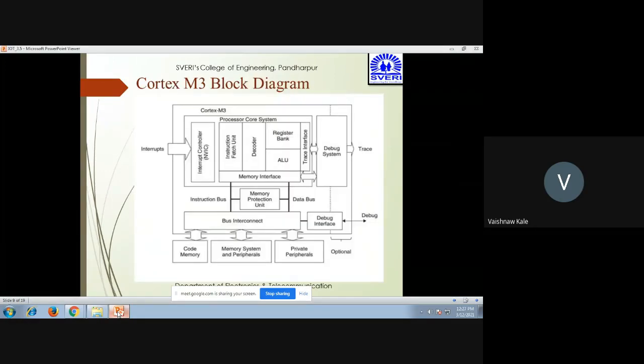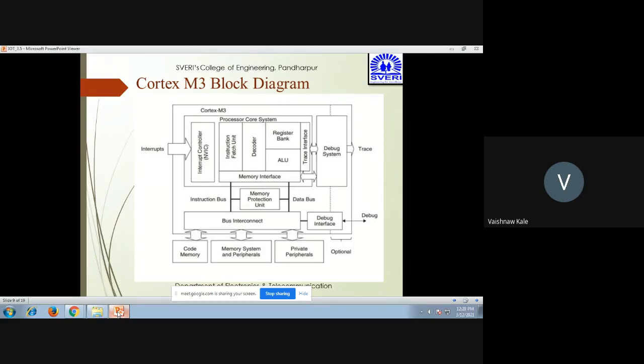Now this is the block diagram. You can see there is an interrupt controller called NVIC. Then you have the processor core system, under which you have the instruction fetch unit, decoder, register bank, ALU, trace interface, which is with the debug system, and memory interface. Then the instruction bus, and the memory protection unit, called MPU.